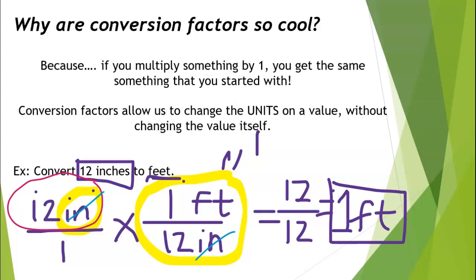But the purpose of dimensional analysis is to be able to do more complicated unit conversions. And especially in chemistry class and in physics and in more advanced science classes that you will take in your future, it will be very important to be able to use this method of problem solving because we will have lots and lots of units going on, not just one unit at a time.